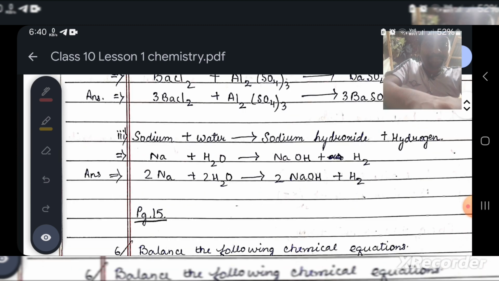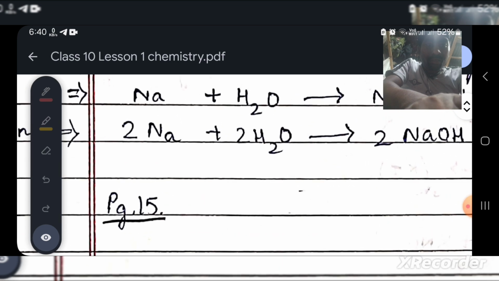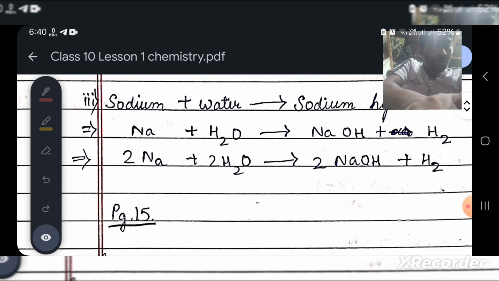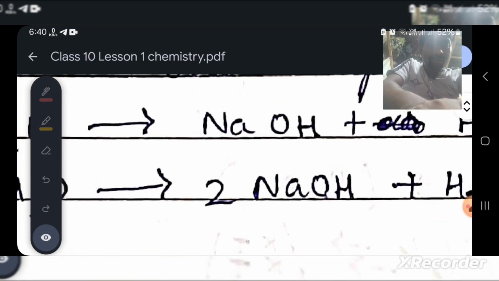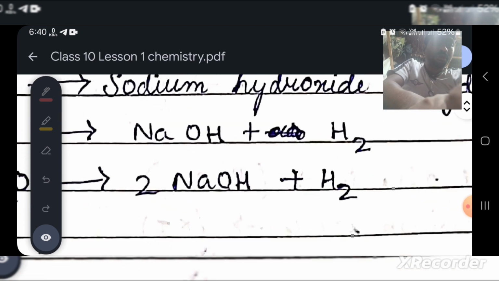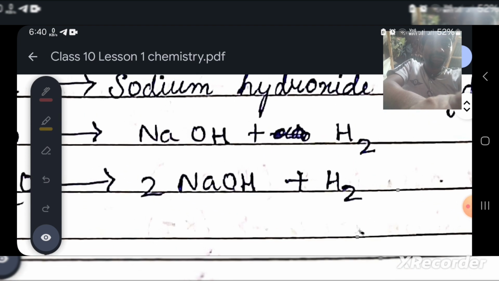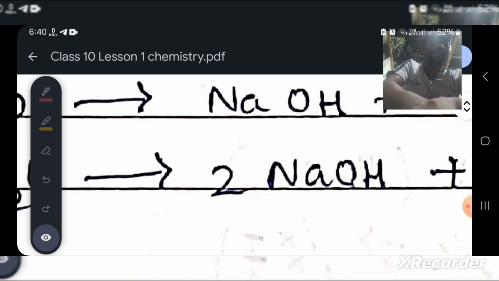Achha. So what we have done, first of all we have put 2 here. What we have done? 2 here to make it even number, because there is 3 number of hydrogen, no? 3 is not an even number. So we have just doubled the hydrogen here.